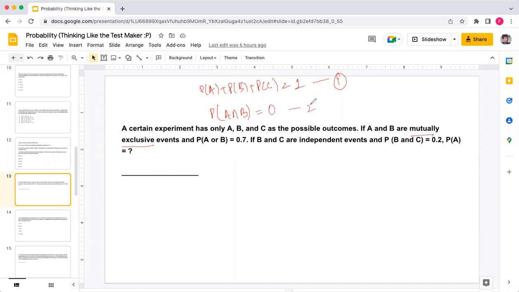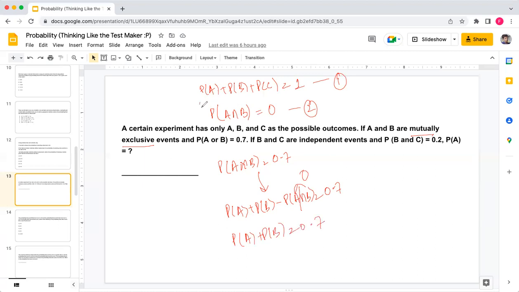The third thing is the probability of A or B is equal to 0.7. Opening this, that is P(A) plus P(B) minus P(A and B) equals 0.7. We already know the last term is 0, so P(A) plus P(B) is 0.7. Now we know P(A) plus P(B) plus P(C) equals 1. If I substitute this in the first one, P(C) will be equal to 0.3.